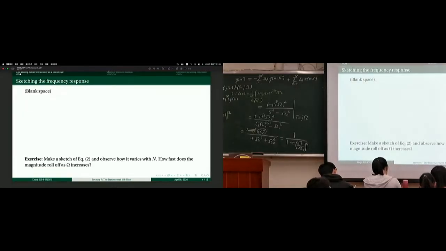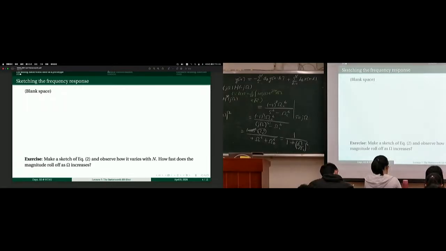We have shown that there are a few anchoring points: DC gain equals 1, at the cutoff frequency, the corner frequency, the gain square equals 1/2, and then it approaches 0 as omega approaches infinity. So one plot could be like that. But when we increase n, you guys are right.